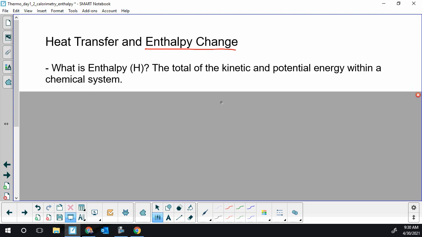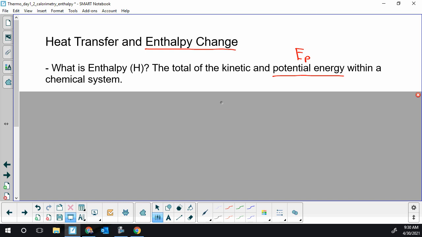So what is enthalpy? Enthalpy is the total kinetic plus potential energy within a chemical system. Now, the vast majority of that energy is going to be potential energy. And that's what you see in the Chem 30 material and the textbooks as the simplified version of the definition of enthalpy: it's just potential energy.